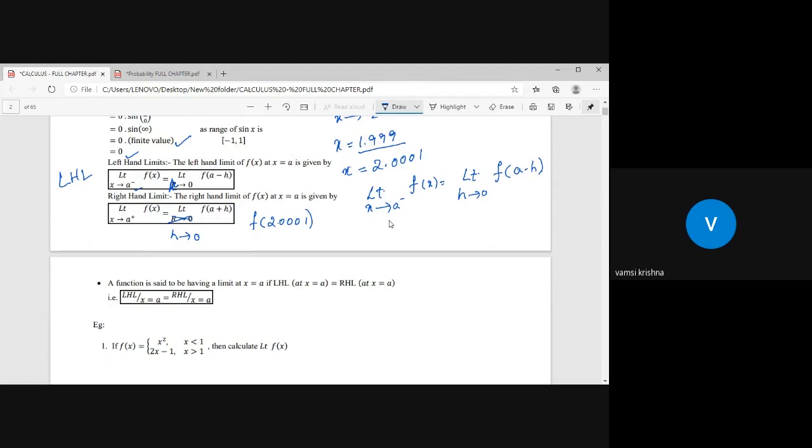So the left hand limit, x tends to a minus, is equal to the right hand limit, x tends to a plus. Both give the same value. If both are equal, then you say that the function is having a limit at x is equals to a.